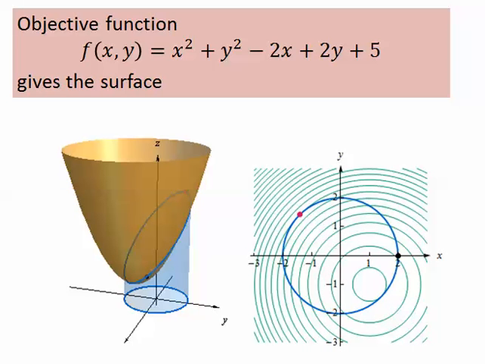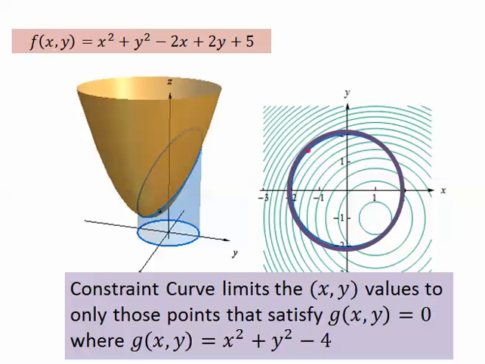The objective function f gives a surface, while the constraint curve is a level curve in the xy plane. The constraint curve limits the xy values to only those points that satisfy g equals 0.